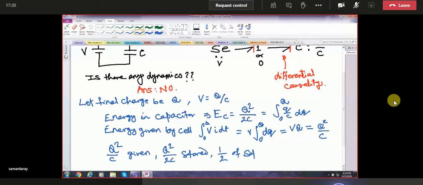So anywhere you have a Dirac delta function, that means the model is essentially missing a time constant.